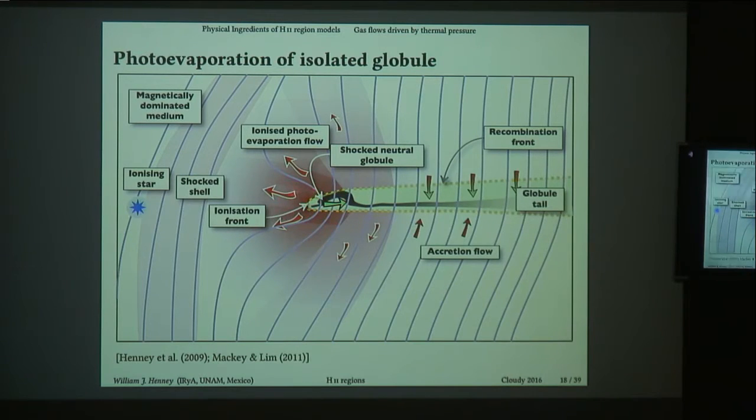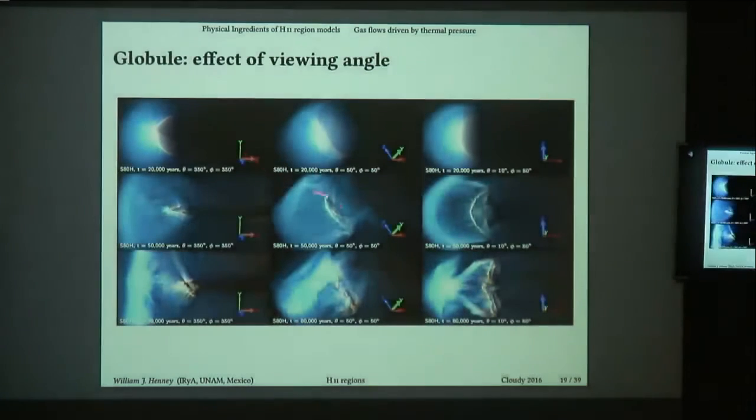Well, the globules are always imploded by the pressure of the ionized gas, the same pressure that causes the ionized gas to flow outwards. The back reaction from that implodes the globule. And if you have a strong enough magnetic field, then that implosion is not cylindrically symmetric, but is just along the magnetic field lines. And that's the case for these simulations that I'm showing here.